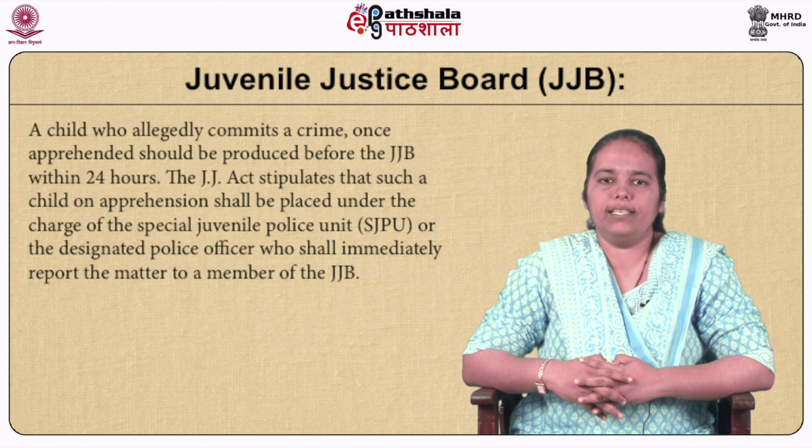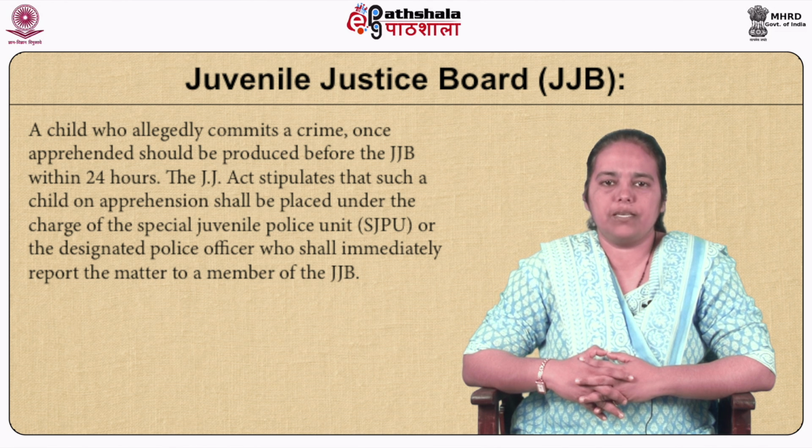A child who allegedly commits a crime, once apprehended, should be produced before the JJB within 24 hours. The J.J. Act stipulates that such a child on apprehension shall be placed under the charge of the Special Juvenile Police Unit, SJPU, or the designated police officer, who shall immediately report the matter to the member of the JJB.